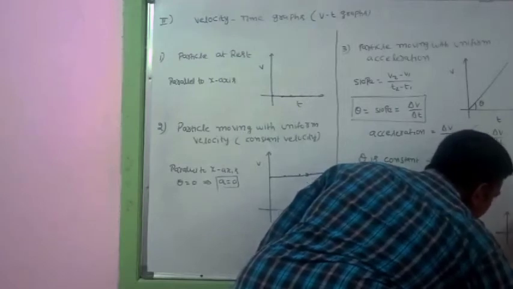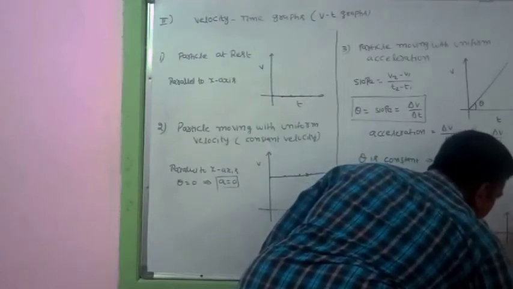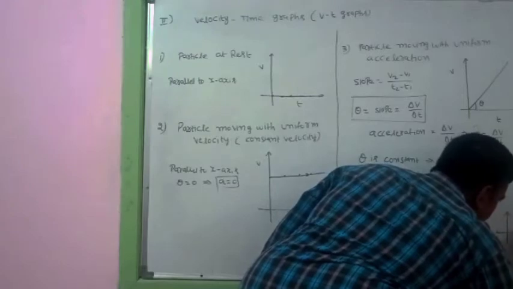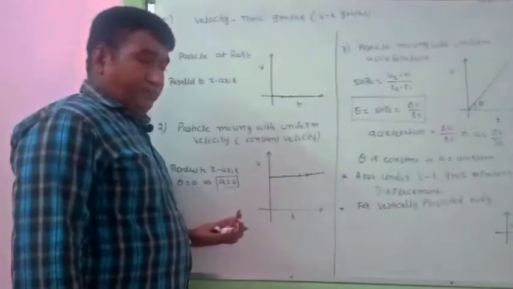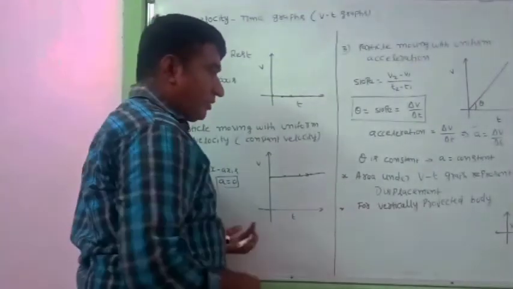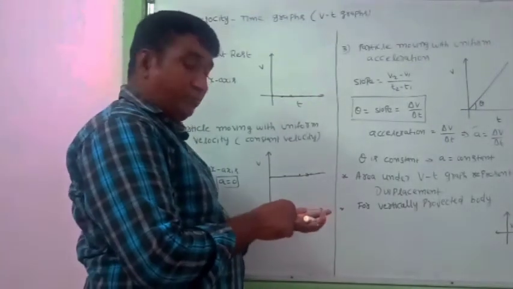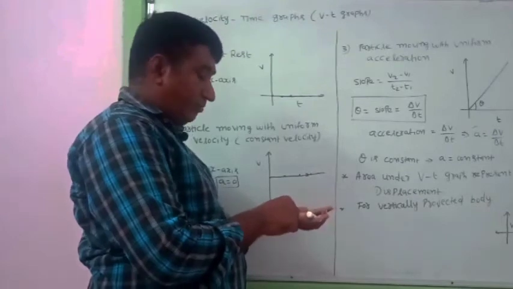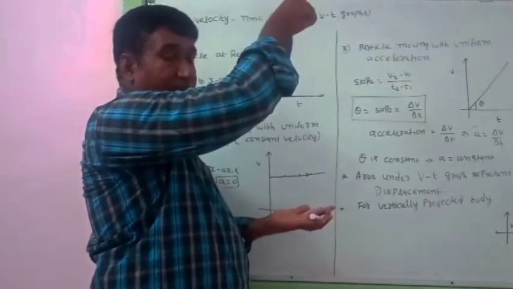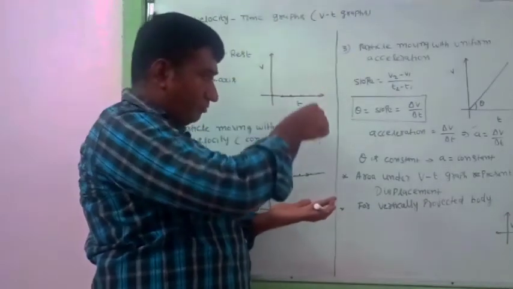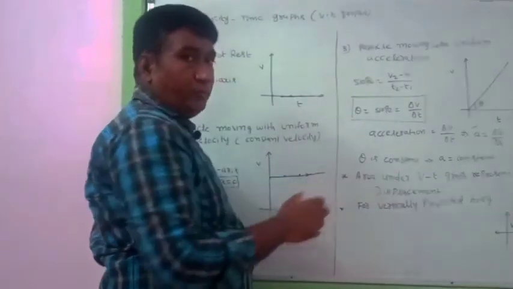While moving upward in direction, we take velocity as positive, and while coming downwards, we take it as negative. For a vertically projected body, we apply an initial velocity, which is maximum, plus u. It reaches the top and its velocity becomes 0, and then finally it comes down, where it will be negative, minus u.